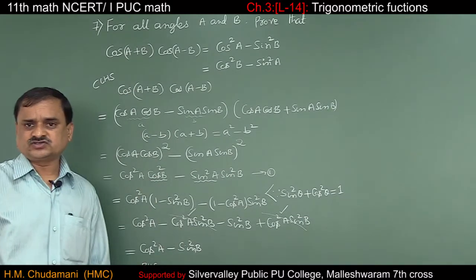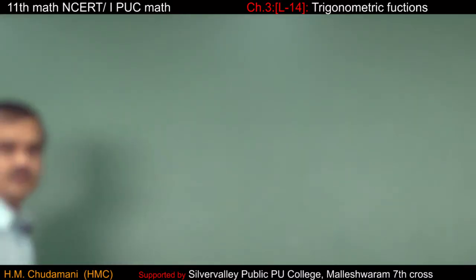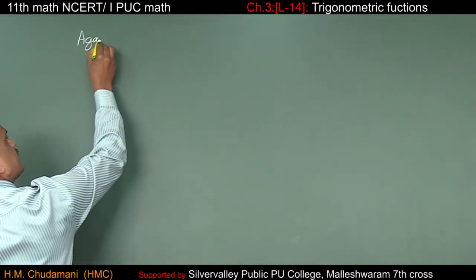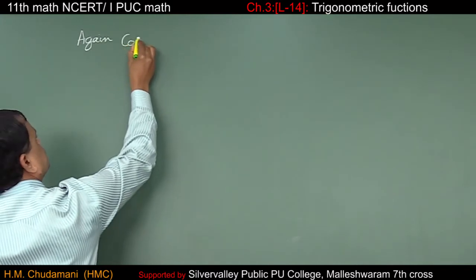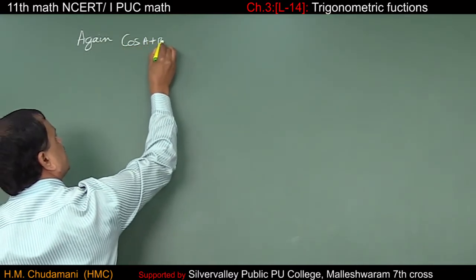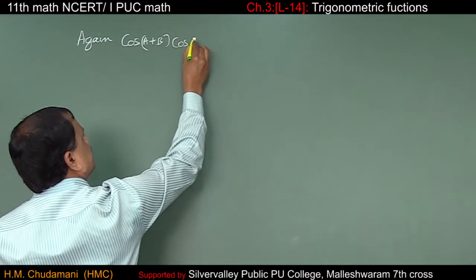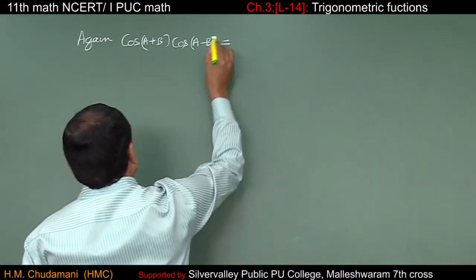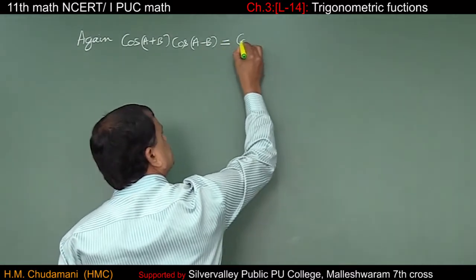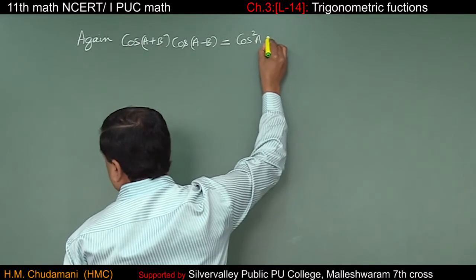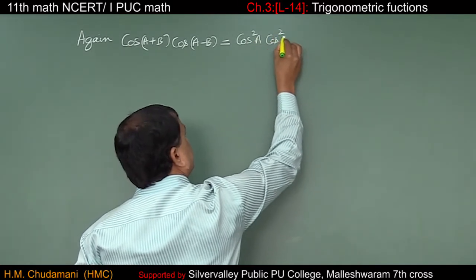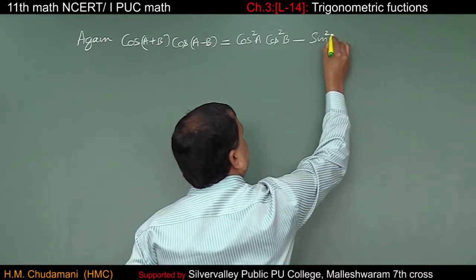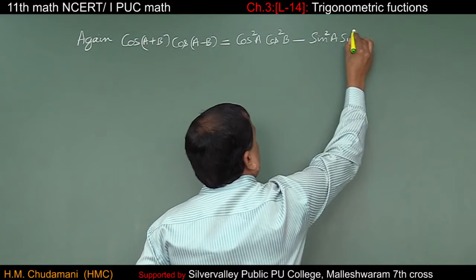For the second part, to prove the second part, again cos of a plus b into cos of a minus b is equal to, look at the equation 1, cos square a into cos square b minus sin square a into sin square b.